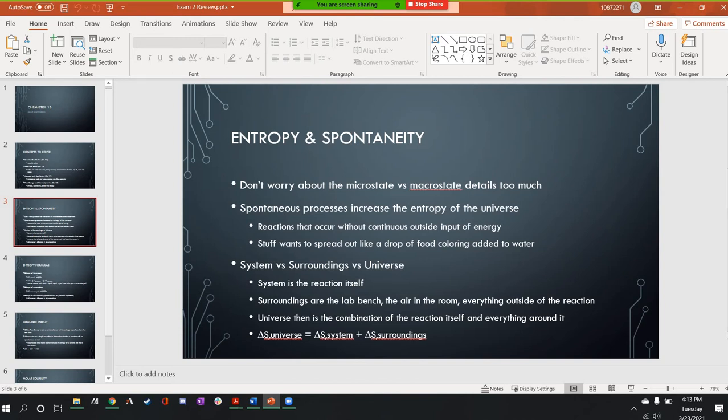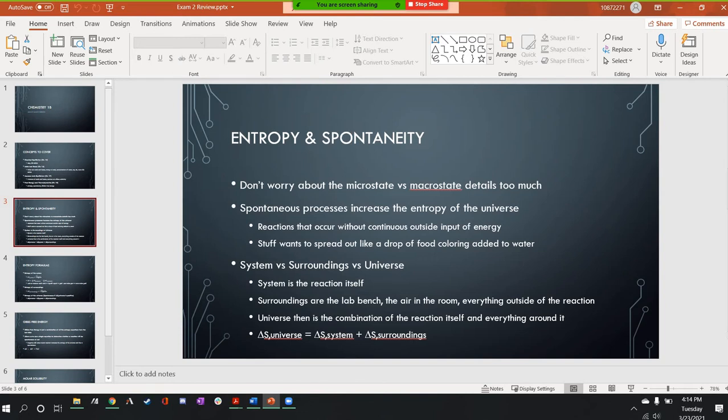It doesn't mean that you won't need to add a little bit of energy, like you might still need to overcome an activation barrier, but once you overcome that, the reaction will just happen on its own without you sitting there adding heat or adding energy or turning a crank, or whatever means of adding energy you're talking about. A non-spontaneous reaction is one that continually needs some kind of outside input, continually needs you to add heat, stir, whatever, something to help it along.